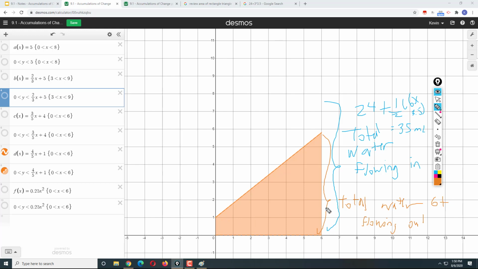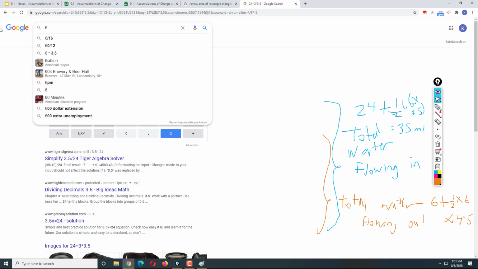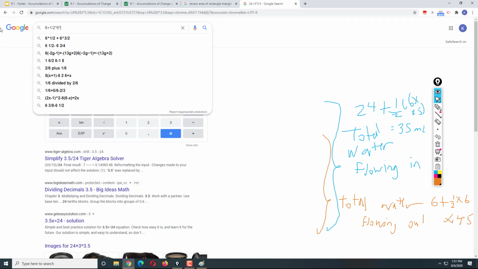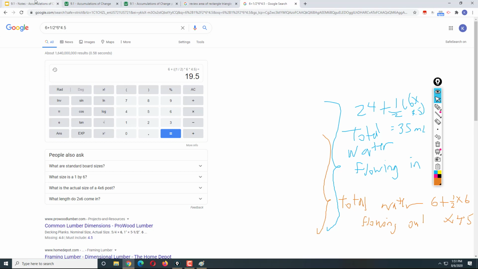The triangle is 1/2 times 6 times 4.5, that's the area of the triangle. So if we do that in the calculator, 6 plus 1/2 times 6 times 4.5, that's 19.5.